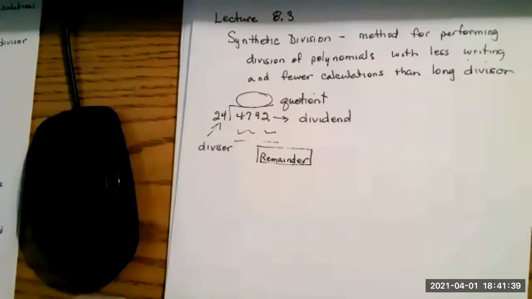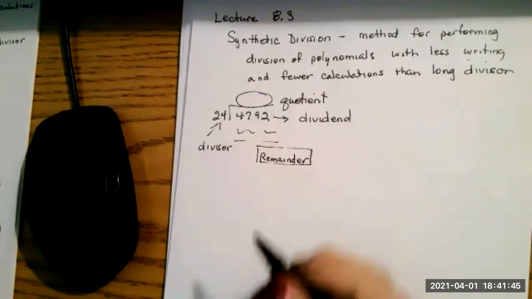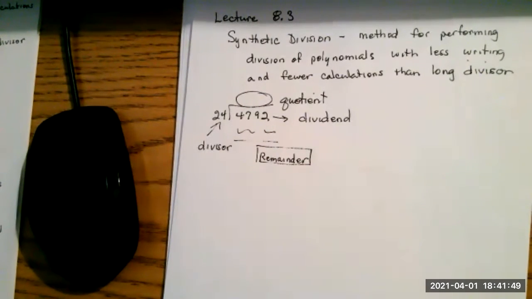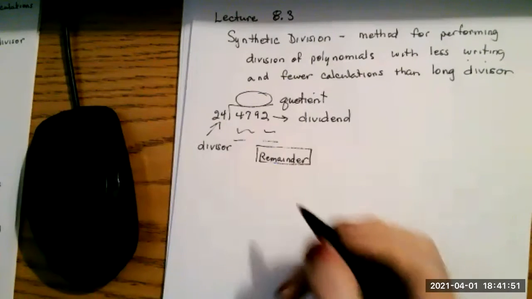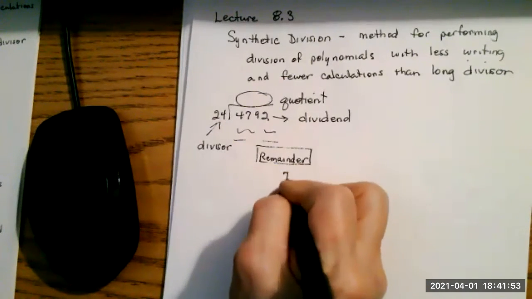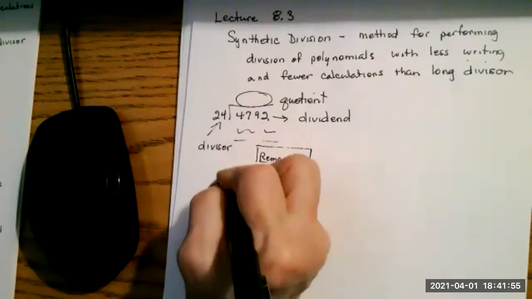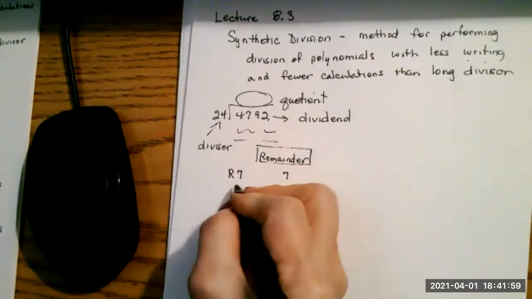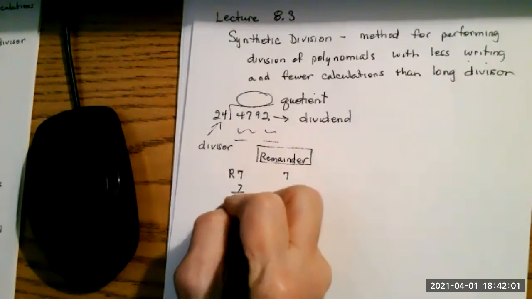And sometimes you put R4 or R7. And sometimes you used your remainder and put it over your divisor. Do you remember that? So if you had a remainder of, say, 7, sometimes you would write it R7, and sometimes you would write it as 7/24.